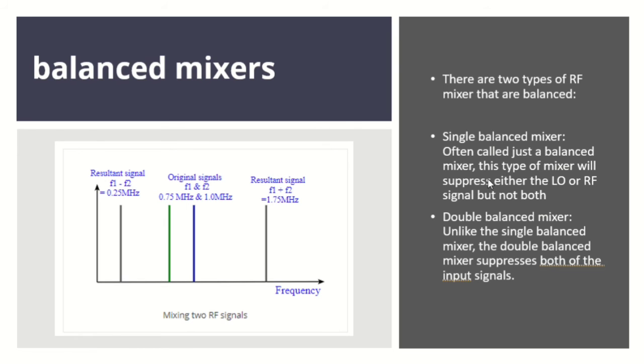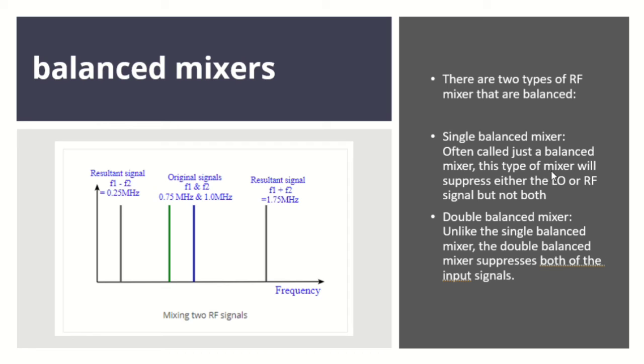also called a balance mixer, this type of mixer will suppress either the LO or the RF signal but not both. So basically for the single balance mixer, the output does not only give the resultant signal, which is F1 minus F2 and F1 plus F2, but it will also output F1 or F2 as well.